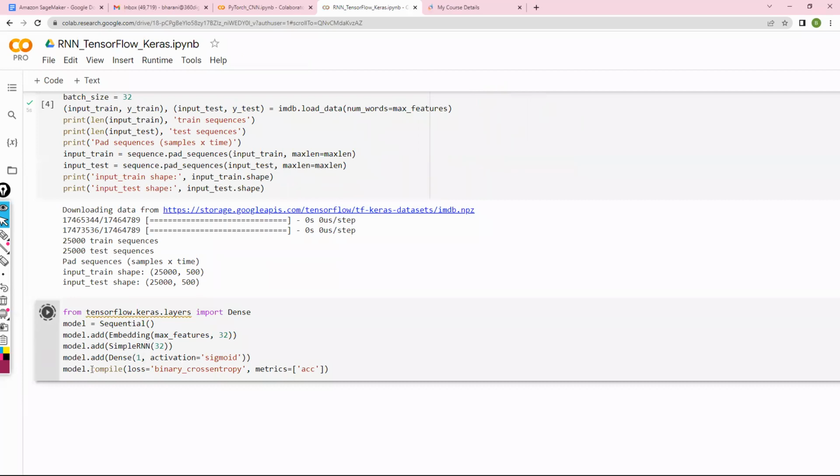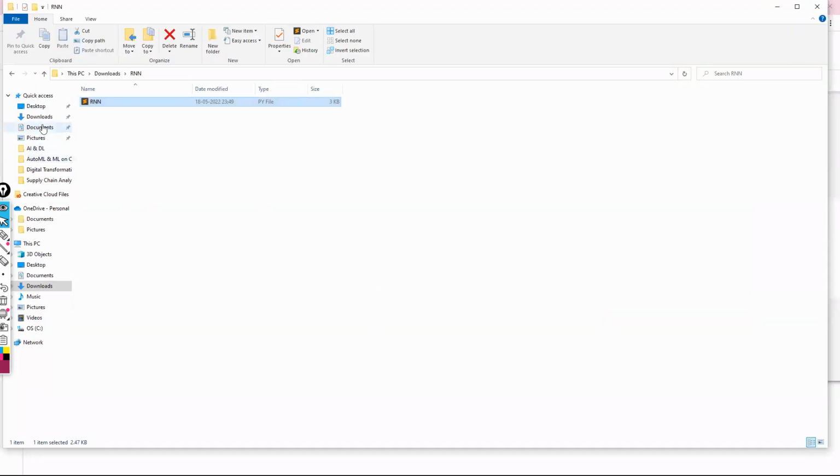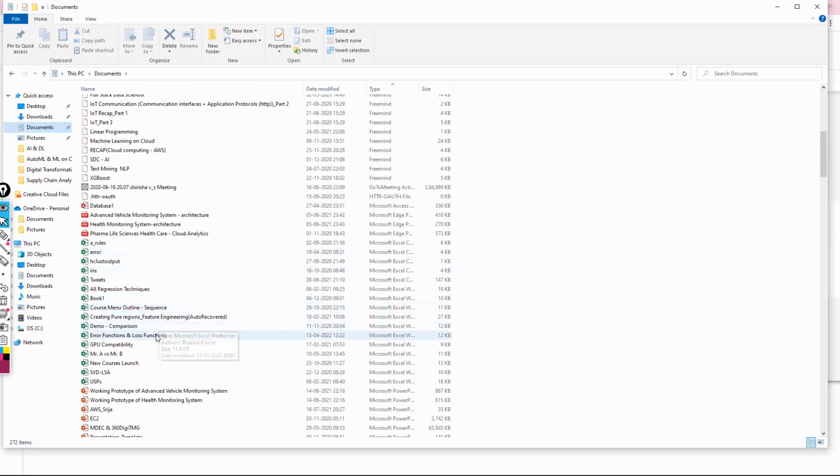Run it. And then we are also compiling the model because we want to know whether a movie review is positive or negative. What is the sentiment? If you want to analyze a movie review and tell whether it is positive or negative, then it's a two-class problem. Hence, you need a single neuron in the output layer. And do not forget, please, at any cost, this particular thing that we have been referring to time and again.